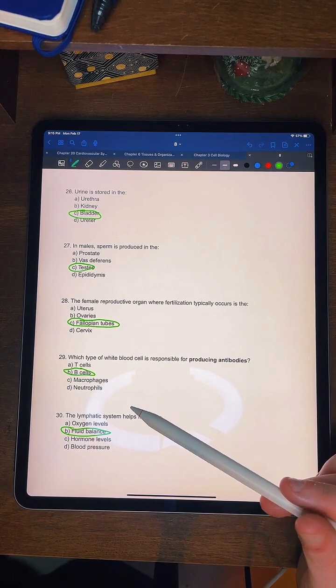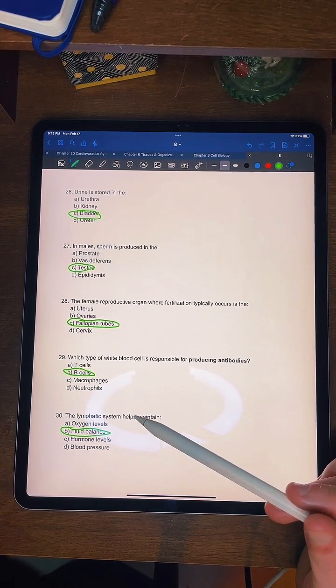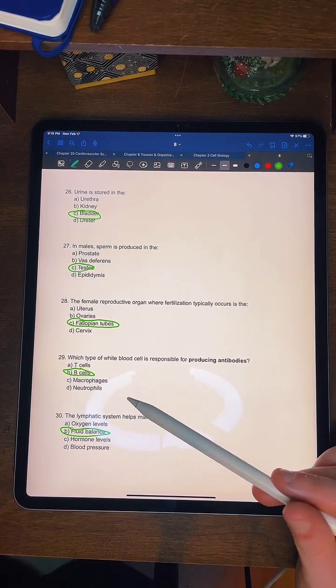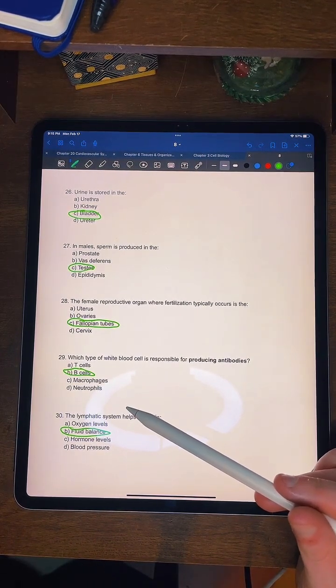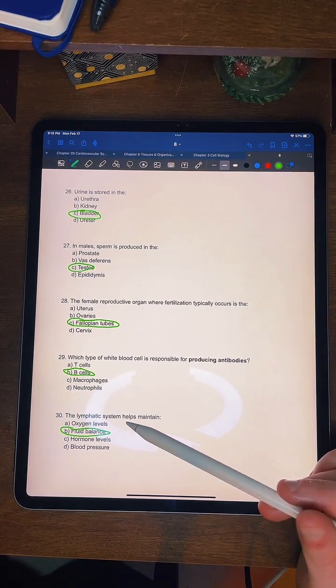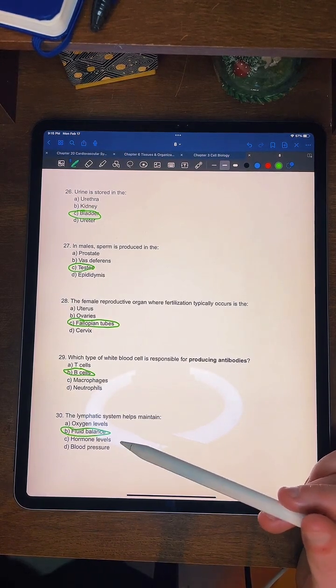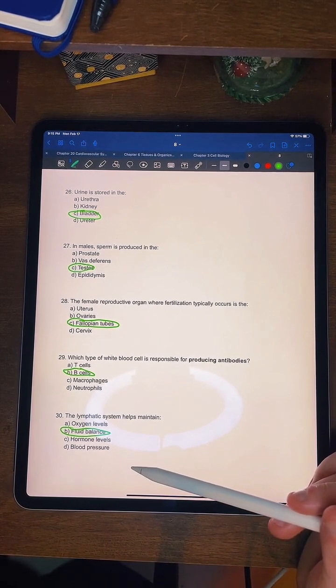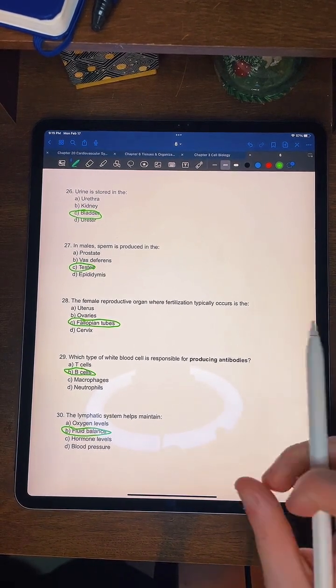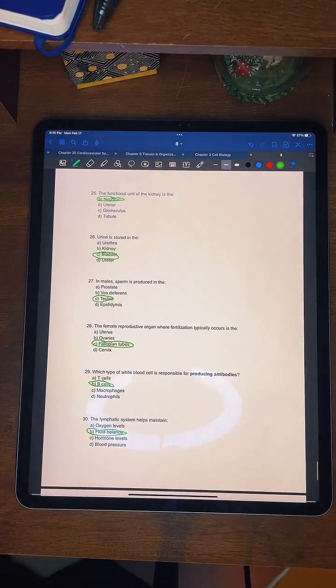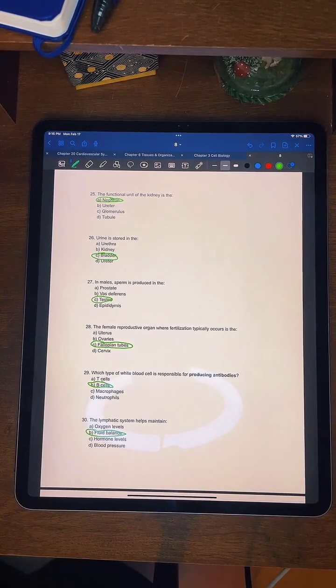Macrophages digest the pathogens and cell debris and stuff like that, but they don't produce antibodies. And neutrophils are a white blood cell, and they just attack pathogens and do phagocytosis, but they do not produce antibodies.